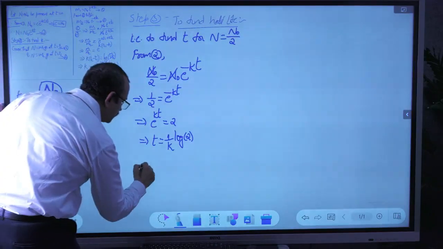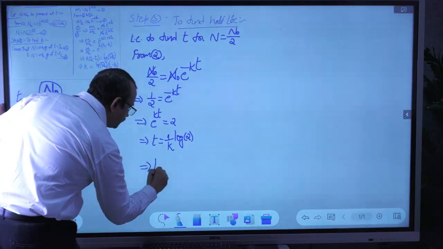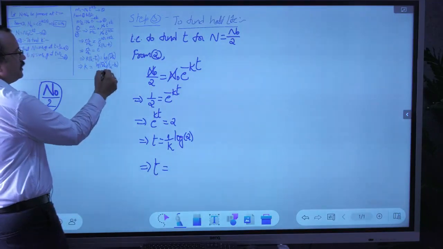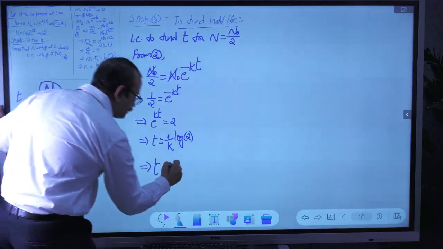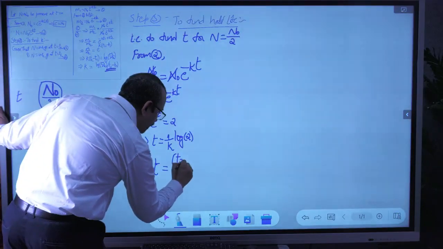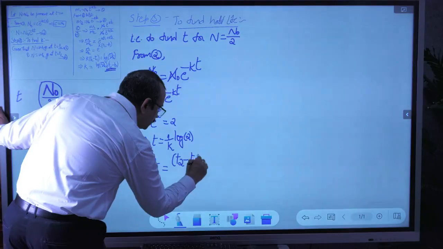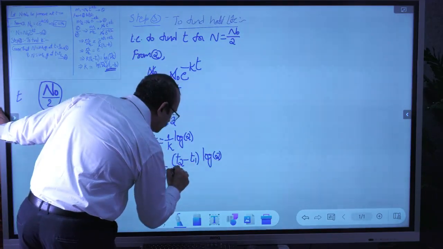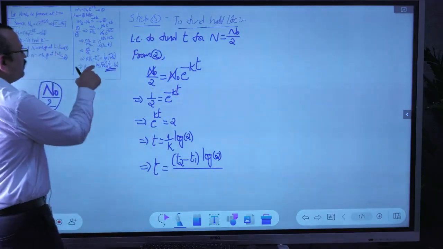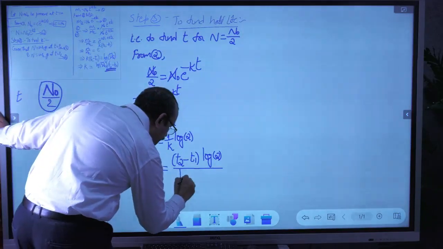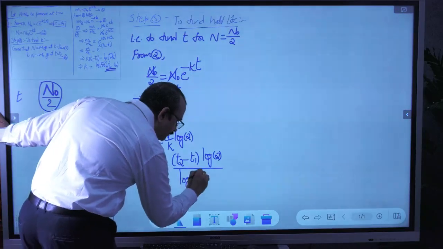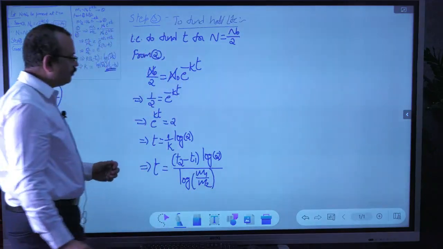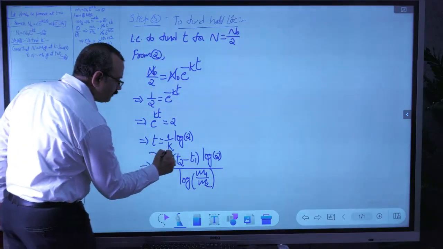If you substitute here, then t2 minus t1 is in the denominator, but here it goes to the numerator, as we take the reciprocal. So t is t2 minus t1 into log of 2 divided by log of m1 by m2. So this is how we can find out the half-life of uranium.